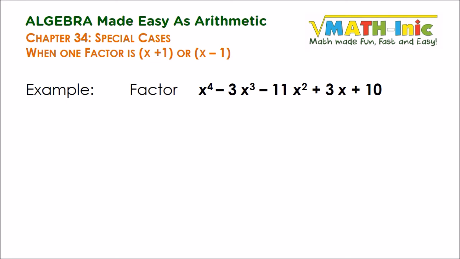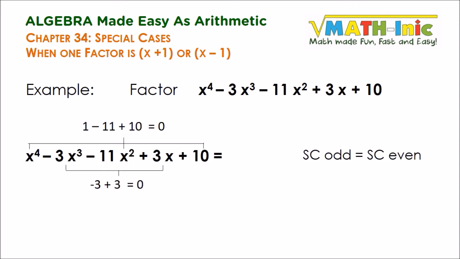Now let's take a look at another example. If, for example, we have an even longer polynomial and we want to factor it, x to the fourth minus 3x cubed minus 11x squared plus 3x plus 10. We see that the sum of the coefficients of the odd-powered terms is equal to the sum of the coefficients of the even-powered terms.